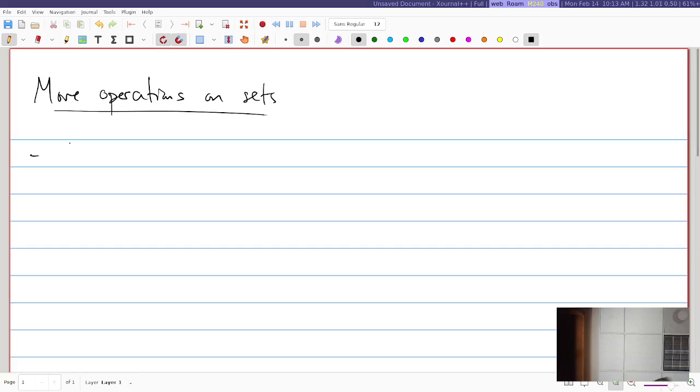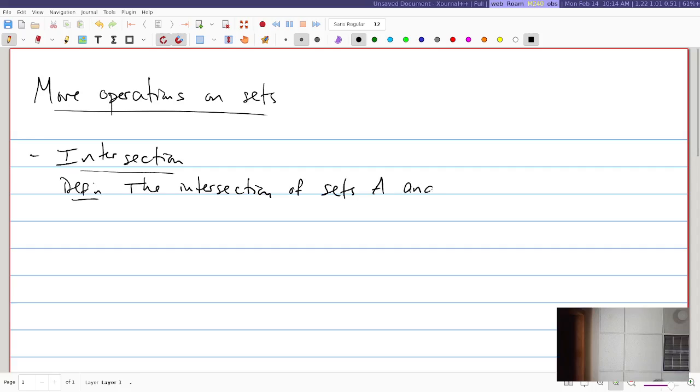The first thing we're going to see today is intersection. And I'm going to define it like this. Definition. The intersection of sets A and B is, well, it's basically where they overlap, right?